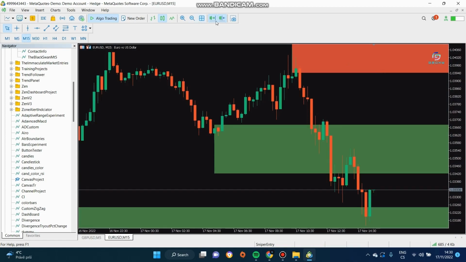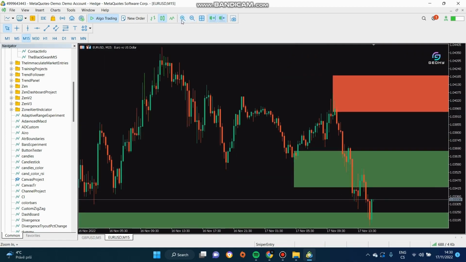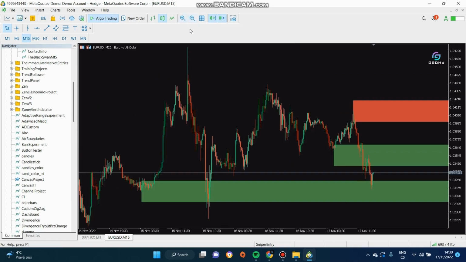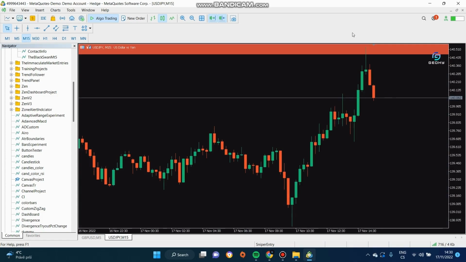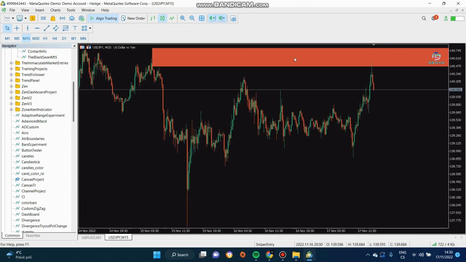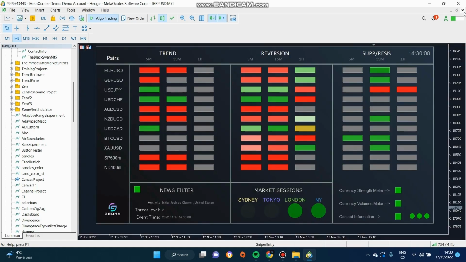If we click on this field, we can see that the price is indeed touching the support zone. And if we go back and try, for example, USD JPY 50 minutes, then we can see a beautiful resistance zone that actually worked. Okay, so that's how this indicator works.